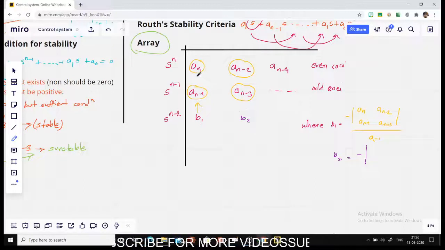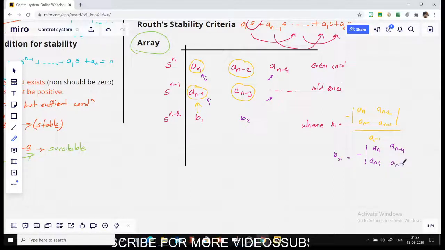In the case of b2, you have to consider the first row, first column, and skipping the second column you go with a_(n-4). The first column will always be there: a_n, a_(n-4), and a_(n-1), a_(n-5), divided by a_(n-1). Okay, this is how your b1 and b2 will go.